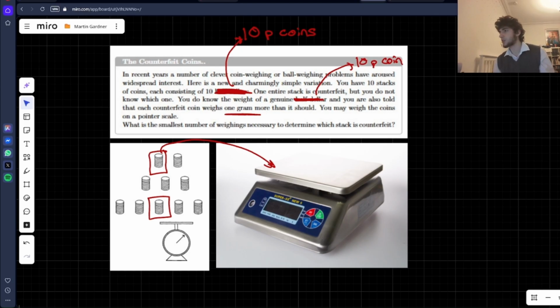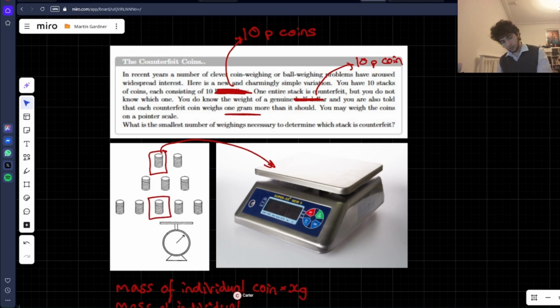Because you know the mass of an individual 10p coin, the mass of the entire stack is also known to you. If the mass of an individual coin is x, then you know that the mass of an individual stack, containing 10 of those coins, is simply 10x grams.